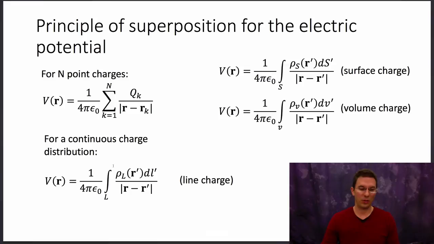We just have to deal with the fact that we've got a continuous distribution, so we have to do an integration. You'll want to compare these three expressions to the expression for the electric field due to continuous charge distributions. You'll see they're very similar. The biggest difference is, again, it's a scalar rather than a vector, and the magnitude of the potential due to some little differential charge falls off as 1 over the distance between that charge and the observation point.